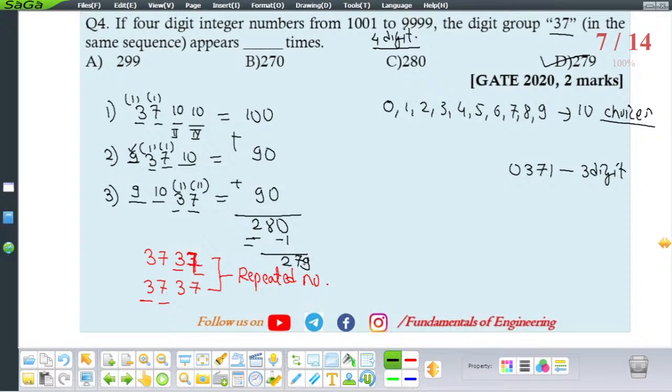So we are getting 279 as the final answer. Here also you can see option C is there based on this, but this is not the final answer. So understand the concept, and based on that you have to get the correct answer. 279 is the correct answer.